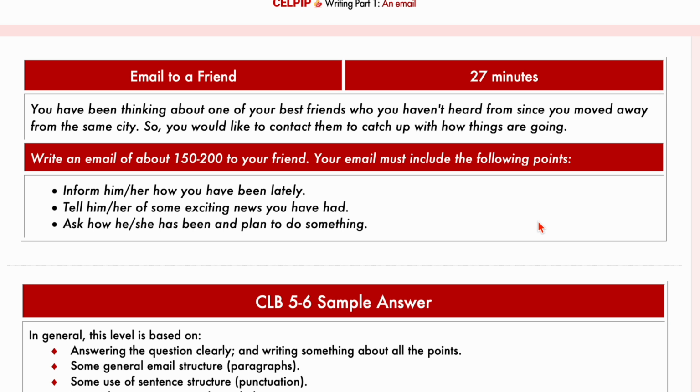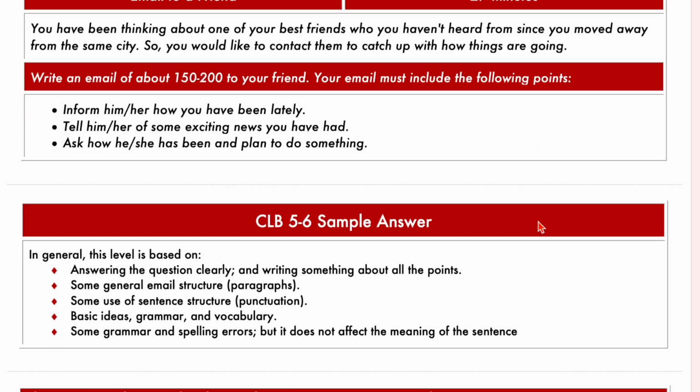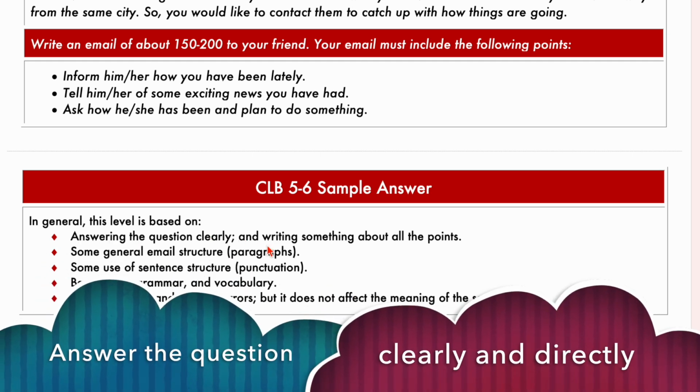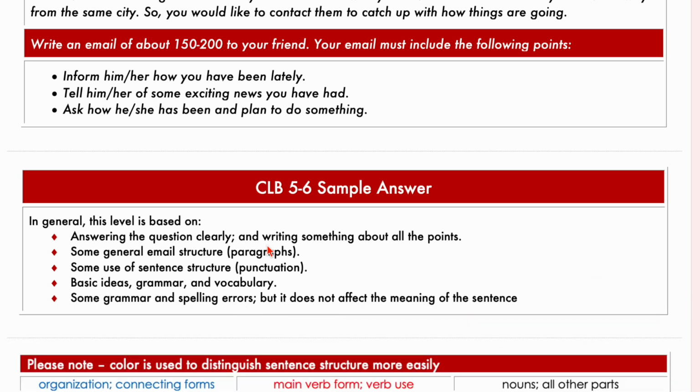Very good topic, okay? So everyone, before we start writing, I just want to remind you about our goals for 5-6, okay? First, we need to answer the question clearly. We need to make sure this is one problem that lower levels have. Sometimes when they write the sentences, it's not very clear. Even good grammar, but it's not clear.